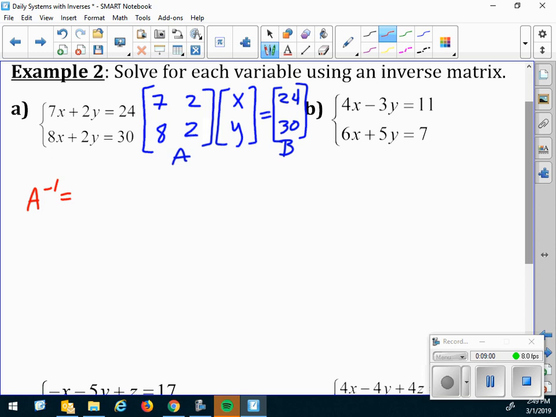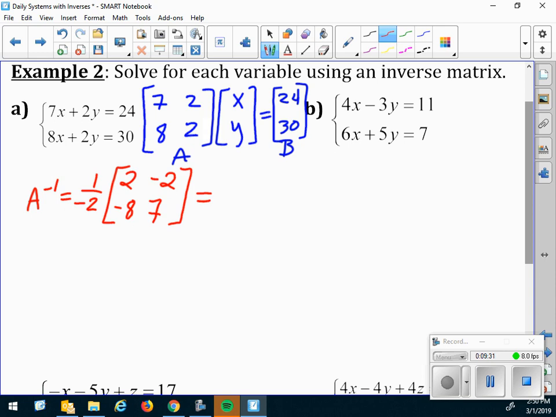How do I find the inverse of matrix A? What do I get? 14 minus 16 is, so 1/-2 times the funky matrix, 2 and 7, -2 and -8.